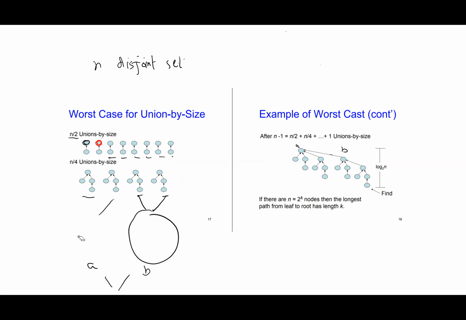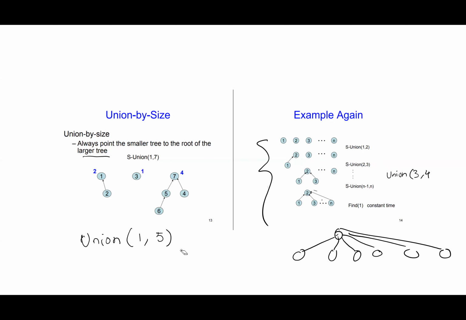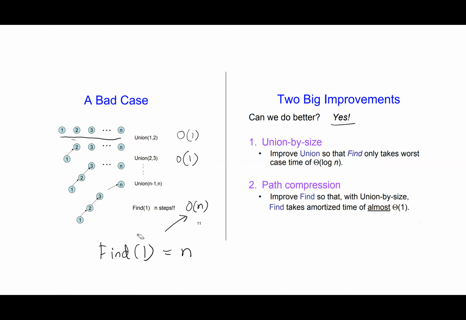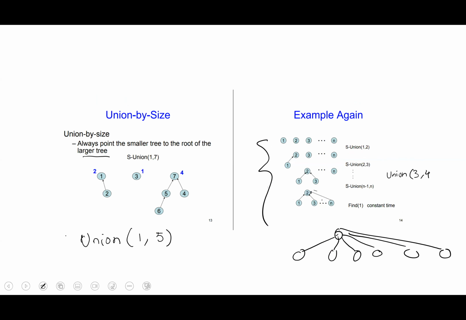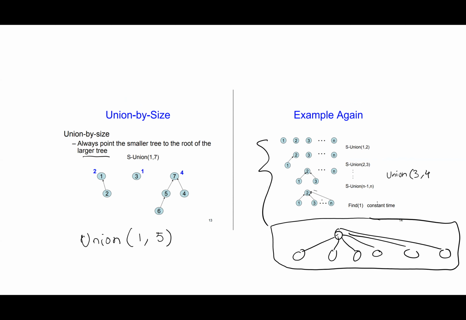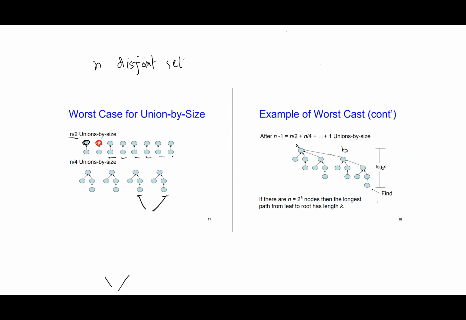As long as we are gaining height, find becomes less efficient. You remember in the most naive way of union, the height was getting so long, order of n. And for this one, although we did union by size, it became so flat.